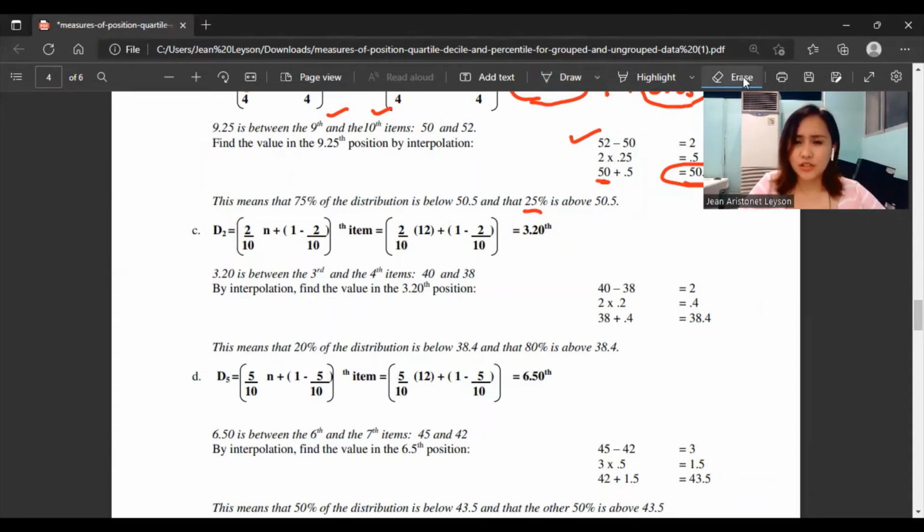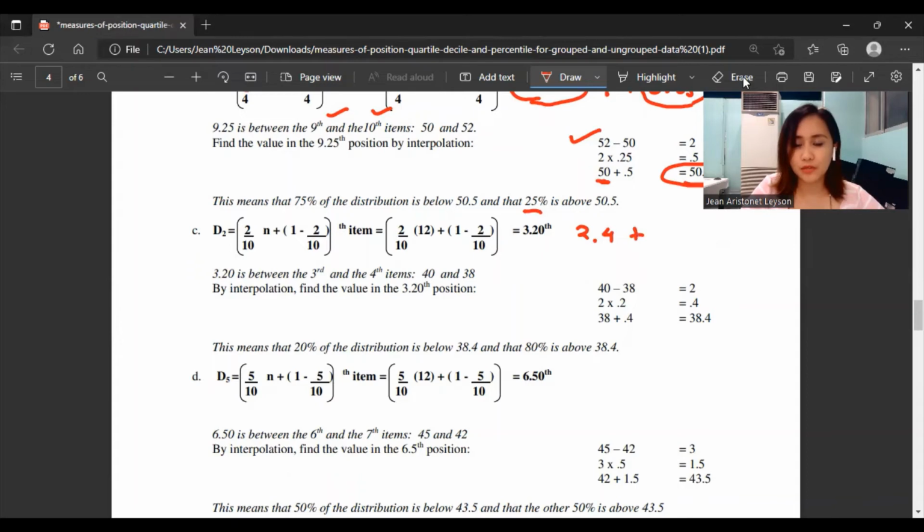So yeah, you can actually use your calculators for this, but let's simplify. 2 times 12, that is 24, divided by 10, that is 2.4, plus 1 minus 2 over 10, that is 0.2.